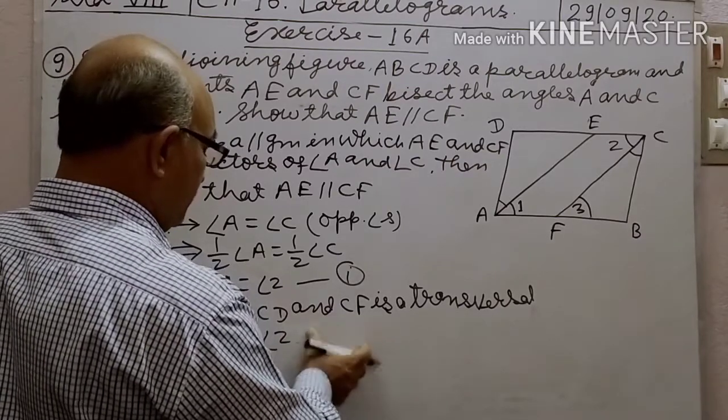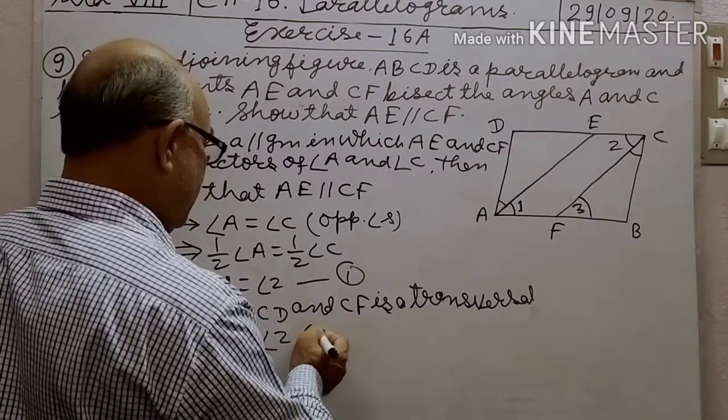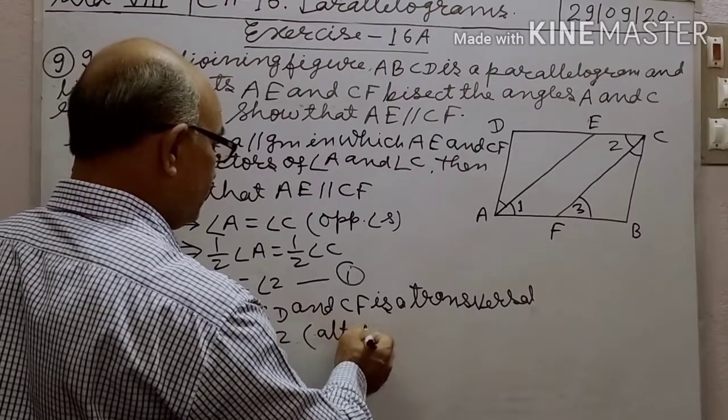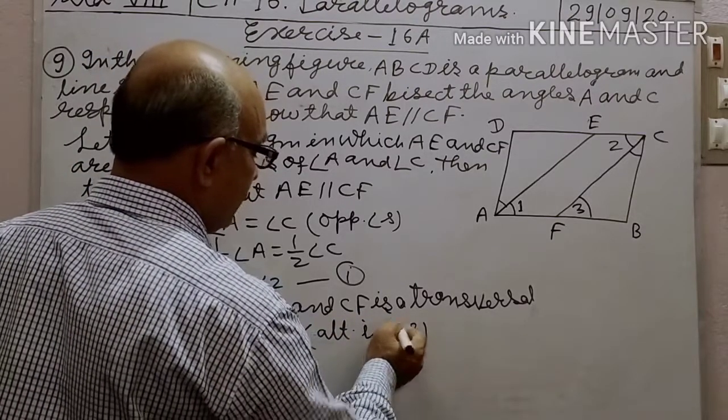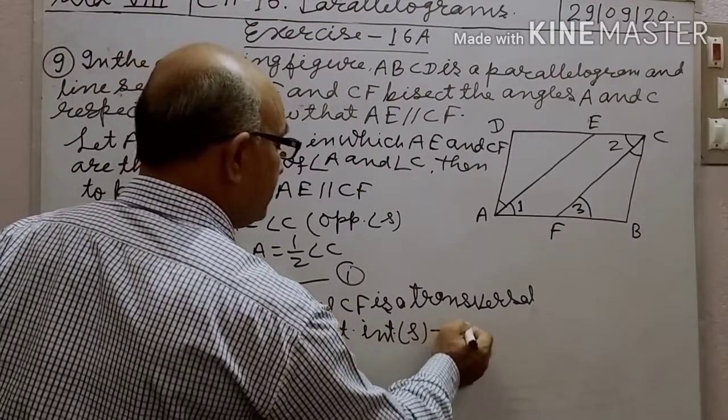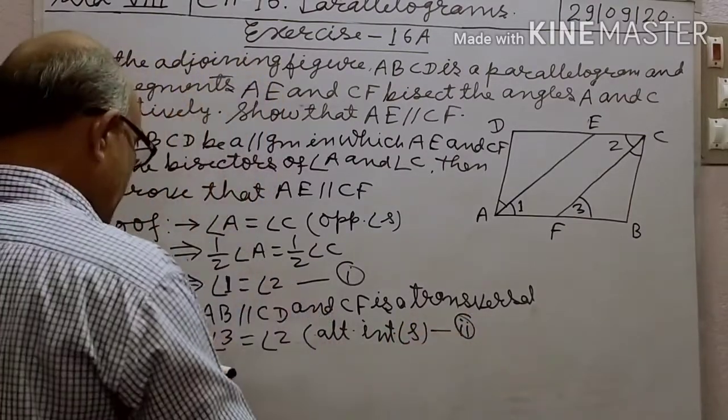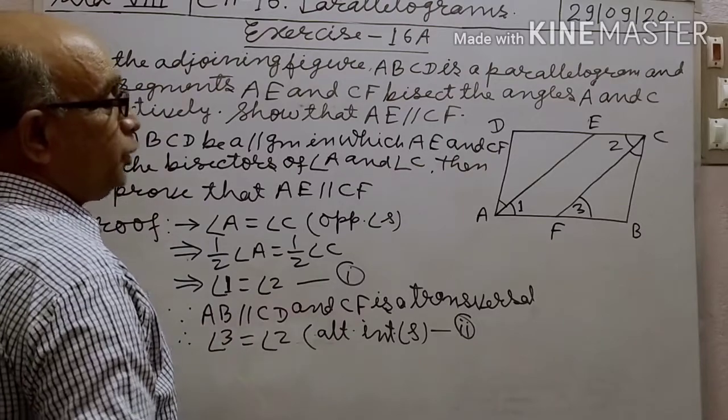Angle 3 equals angle 2 are alternate interior angles. Equation 2.